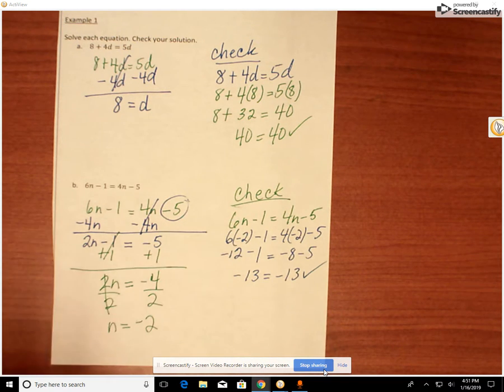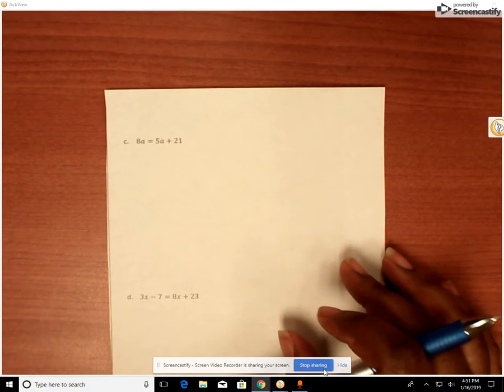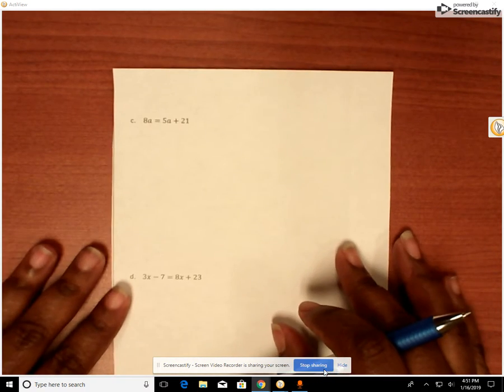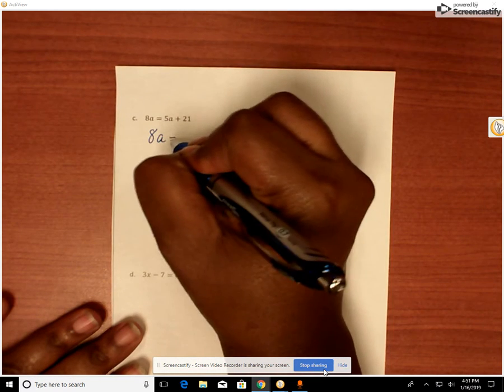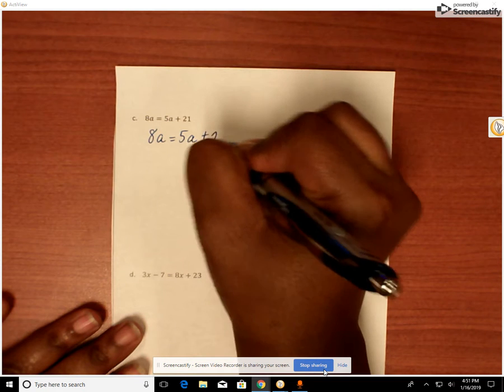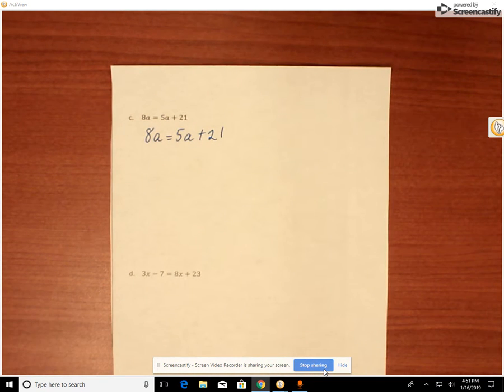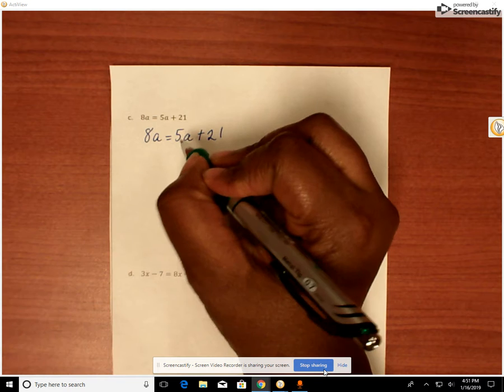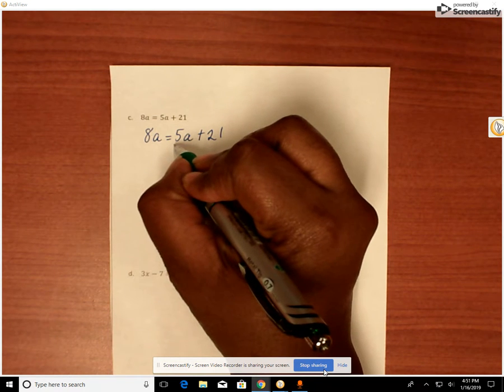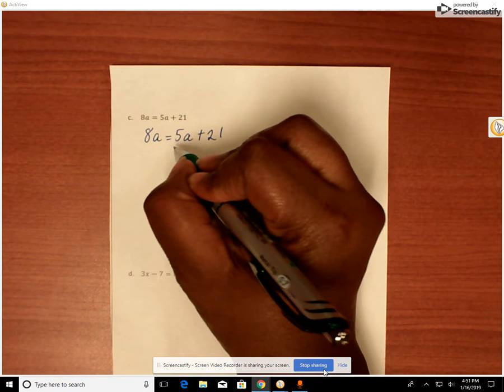Okay? So we're going to do a few more examples. Here we have C and D. It says 8A equals 5A plus 21. Remember, 21 is your constant. It stays where it is because it is the only constant in the equation. So it means I have to move 5A. So I can't add 5A because 5 plus 5 is 10, not 0.